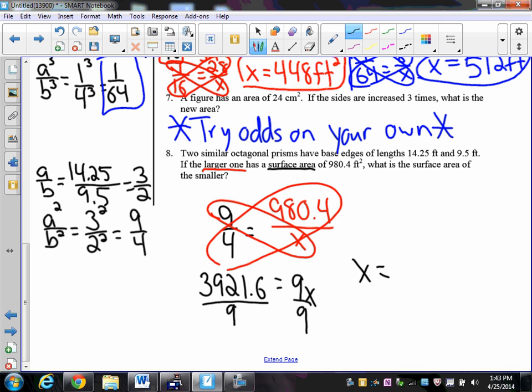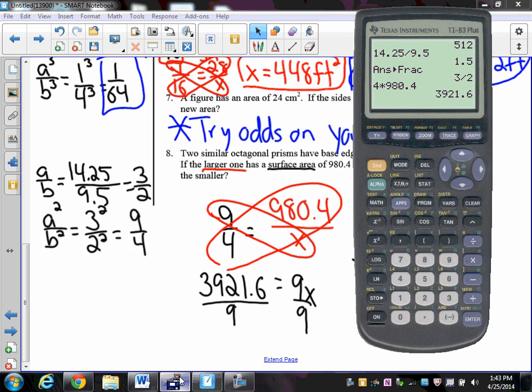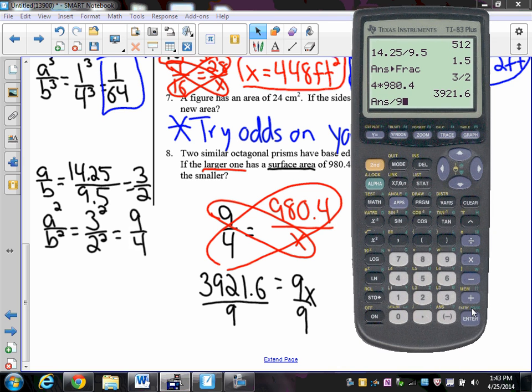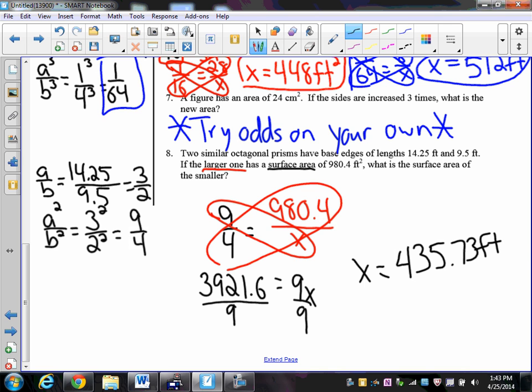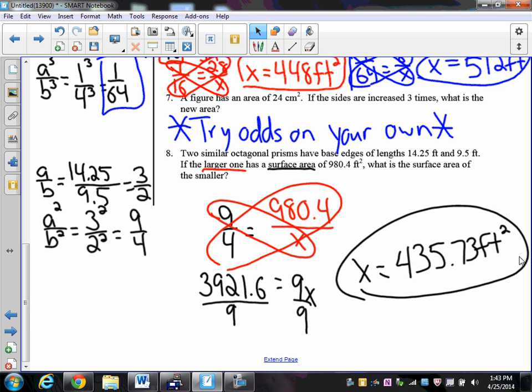And we're going to get the surface area of the smaller one to be about 435.73. So we have 3 more problems to do on the back page.